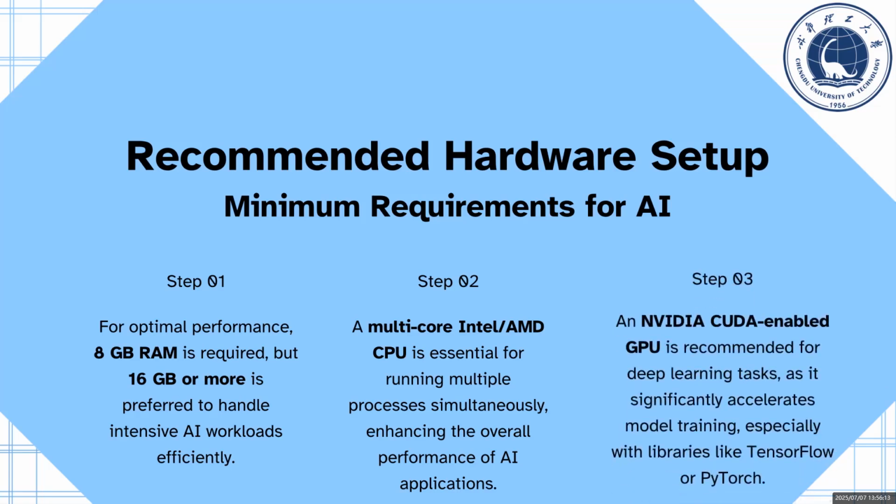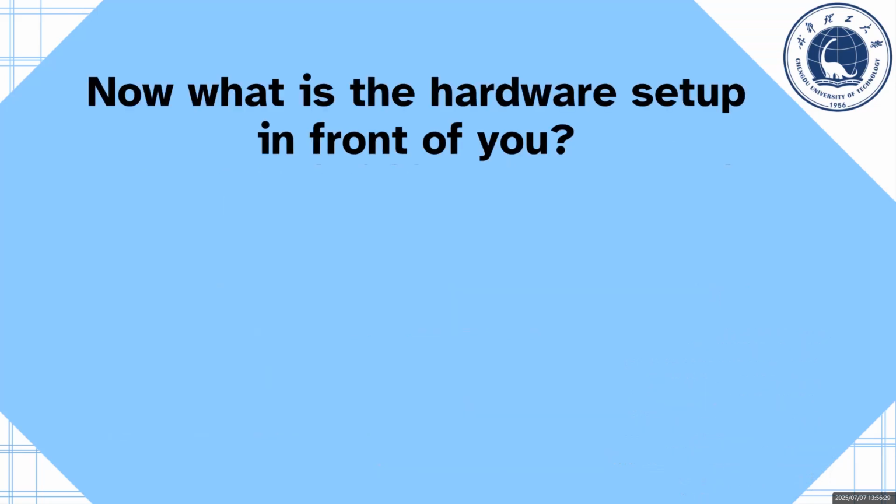Third, considering an NVIDIA CUDA-enabled GPU is highly recommended for our ML tasks, and it significantly helps to accelerate model training, which is very important when we are considering TensorFlow or PyTorch.